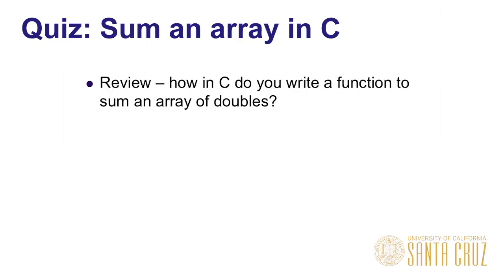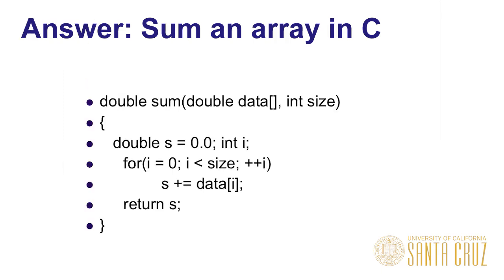So a little review. How in C did you write a function to sum, for example, an array of doubles? And we've seen such a function in C. A couple of things that we notice is here's a signature for an array. Alternatively, that could have been written in pointer notation.